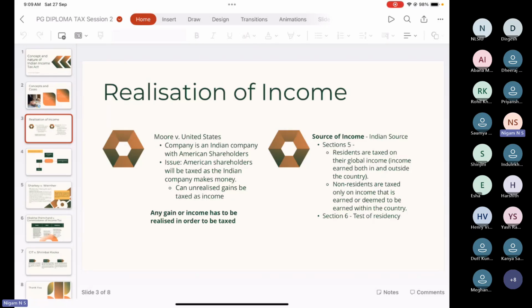Income tax is a tax when some person earns income, right? And another way of putting that same concept is to say that income tax is a tax on the realization of income, right? And why are we so concerned with that?